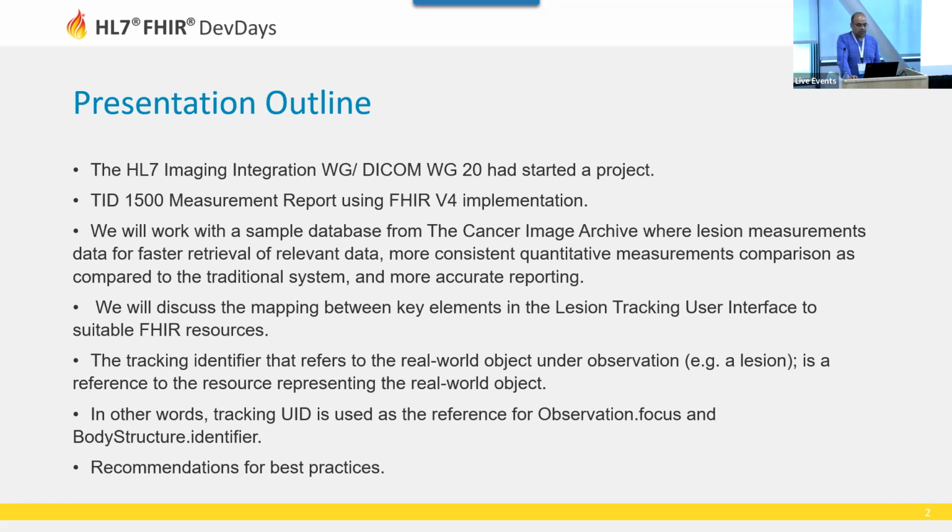And I will describe one item that we think is crucial to the mapping, which is the tracking unique identifier that can represent the same entity over time, as well as if we are using a different acquisition technique or parameters to track the same entity.